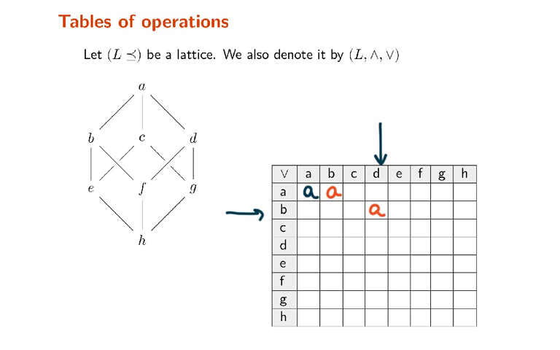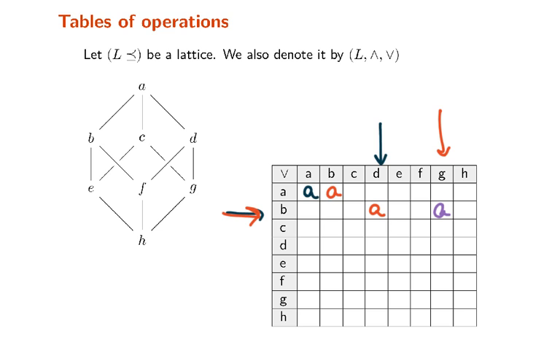What is the join of, say, B and G? So let's say here B and G. What do I put here? B and G will go to the upper bounds, and the least upper bound will be A. So here will be A too.